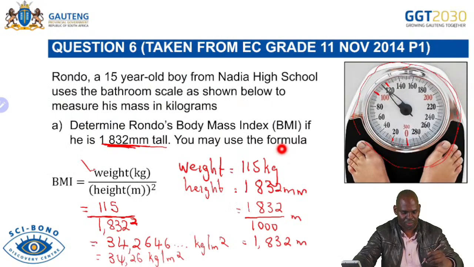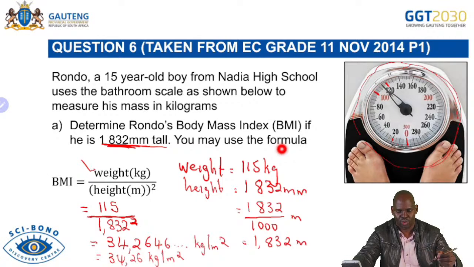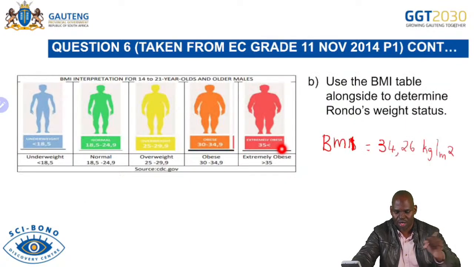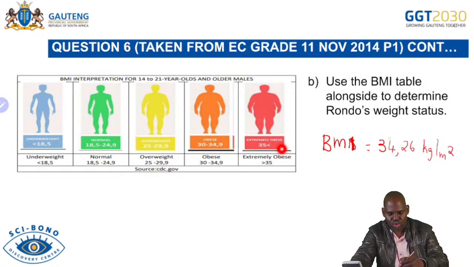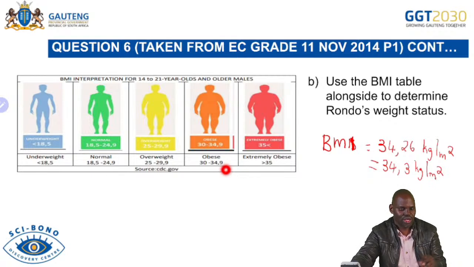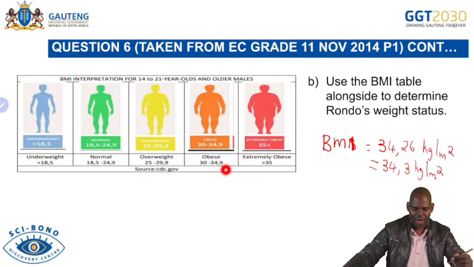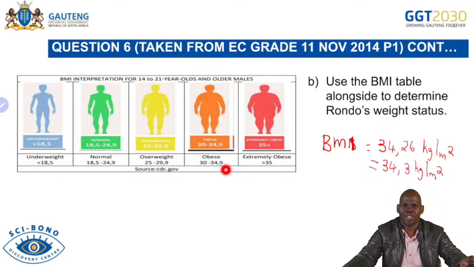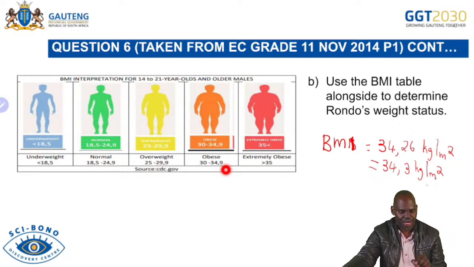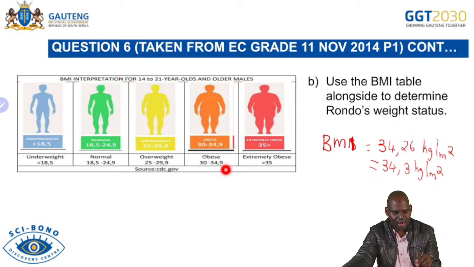Yes, we said 34.26. I think it's going to be easier if we make it one decimal, so 34.3, because you can see that the ranges are given with one decimal place at the most. 34.3, if we check, it's there.